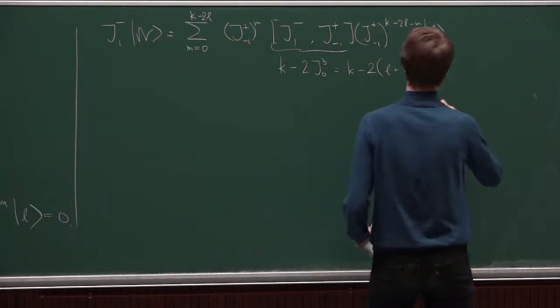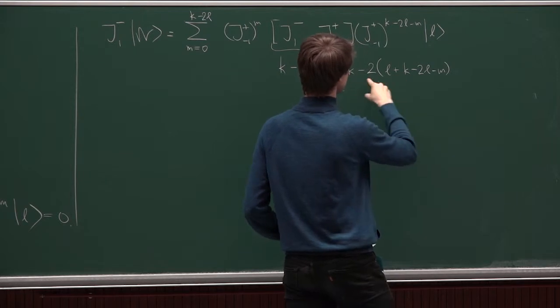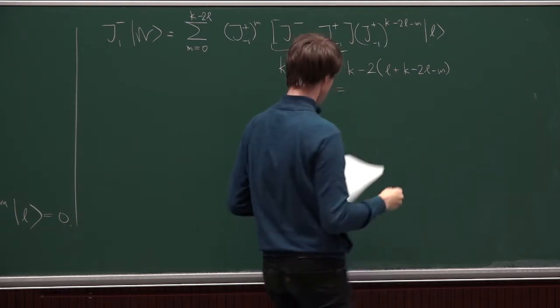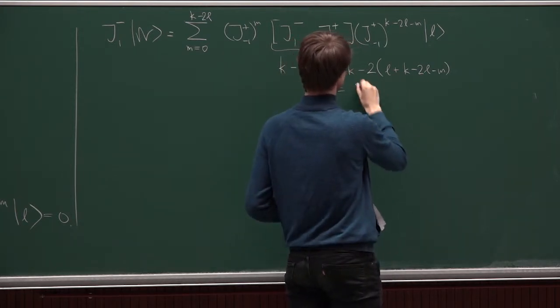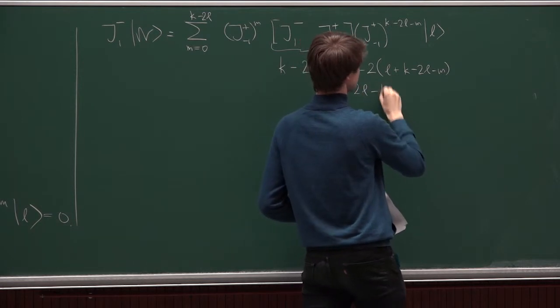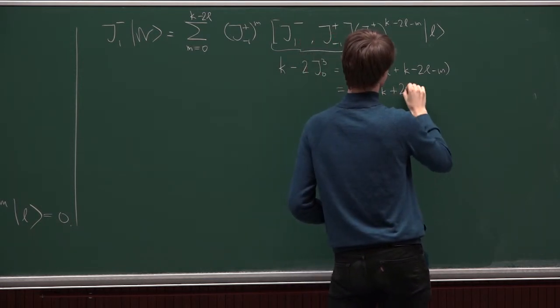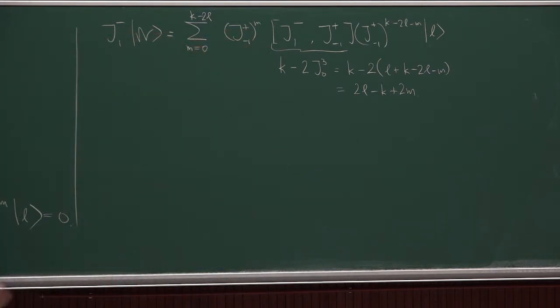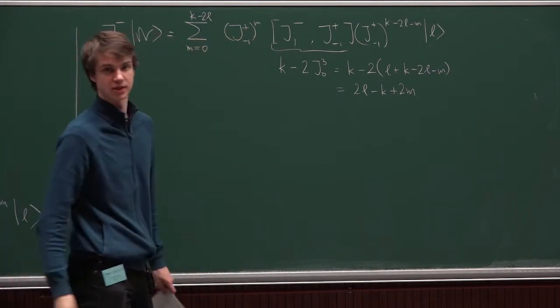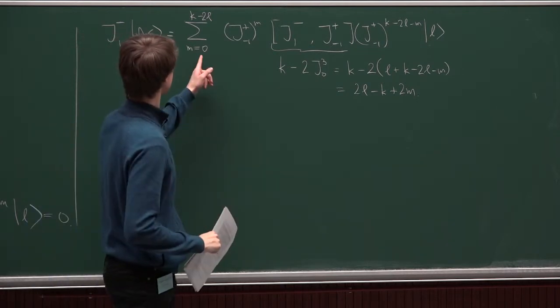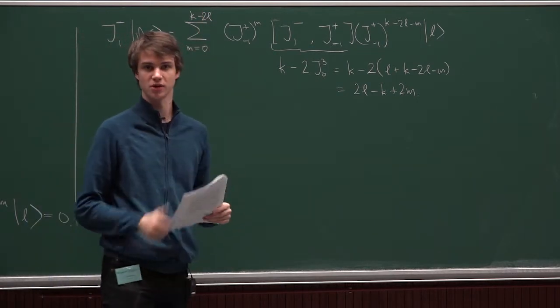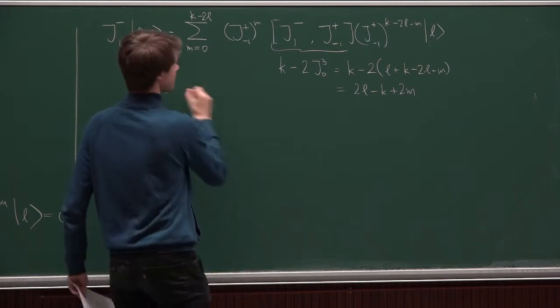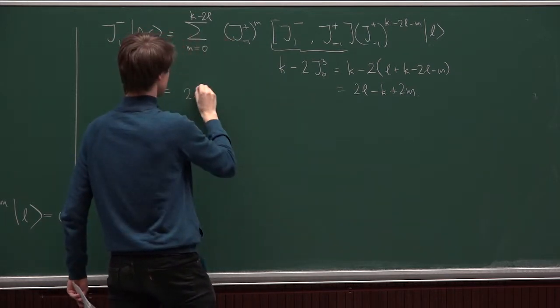Okay, so let's write this slightly nicer. So how many L's do I have? Should be here minus L, so it's 2L in total, minus K plus 2M. Something like this. And now it's just an exercise in summing series, because now I have to sum from M equal to 0 to K minus 2L. So that's just Gaussian sum.